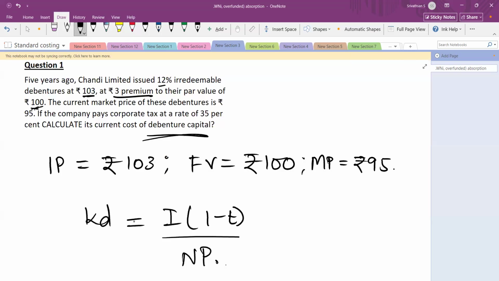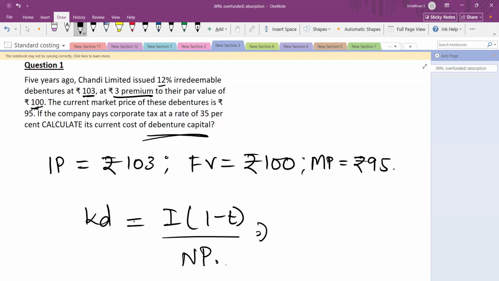Even though it is an irredeemable debenture, the principal amount will be repaid at the time of liquidation, right? At that time, the company will pay 100 rupees to the debenture holders. So face value is nothing but the amount that the company has promised to pay to the debenture holders. So interest should always be calculated, or the coupon rate should always be applied, on the face value.